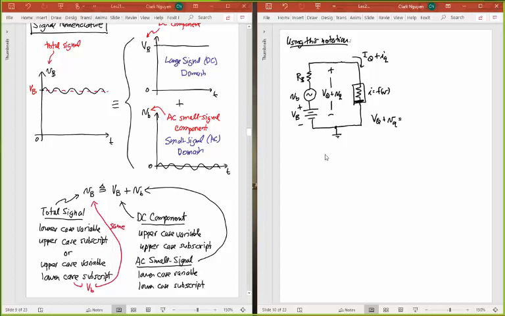That's going to be equal to, if I just look at the left side, capital V capital B plus lowercase v lowercase b, minus the current flowing through the RB, which is a function of the voltage across this nonlinear device. So that's going to be a function of capital VQ plus lowercase vq, times that resistor RB.